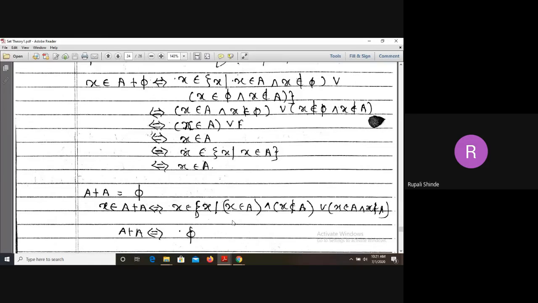Likewise, A minus A union A minus A is equivalent to A minus A only.